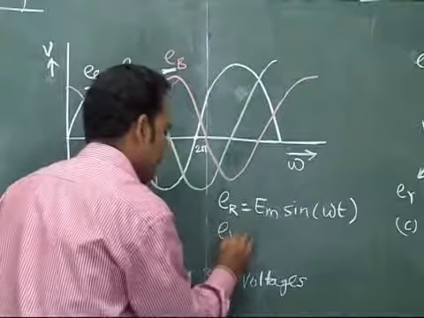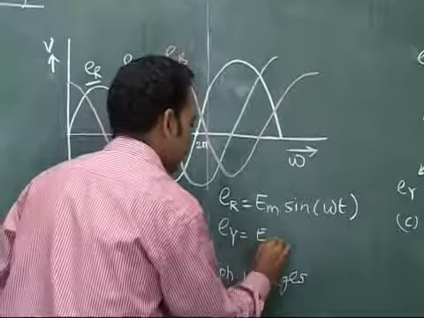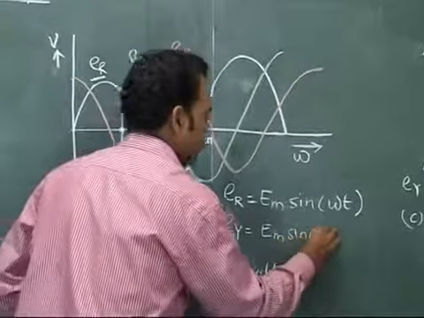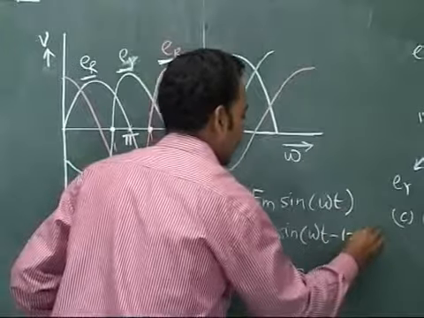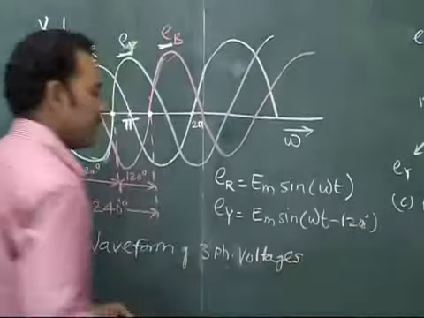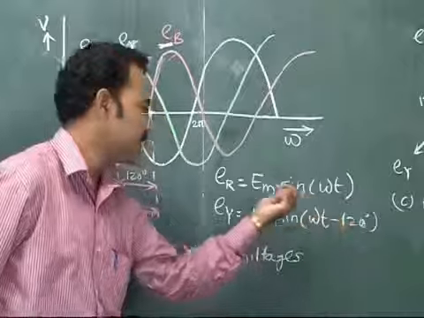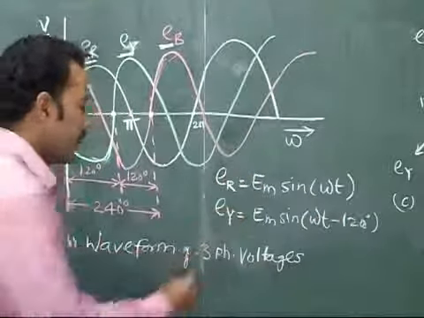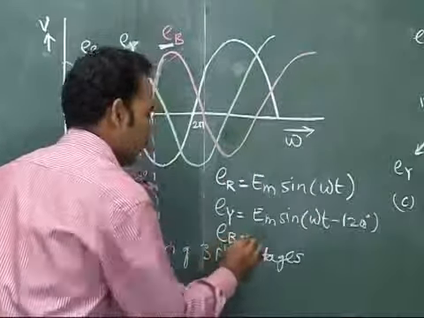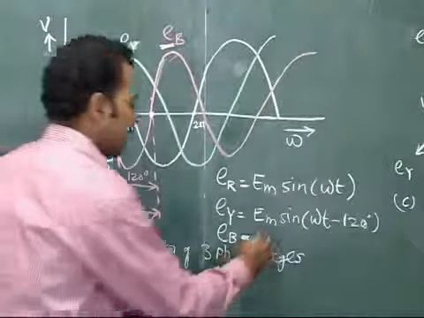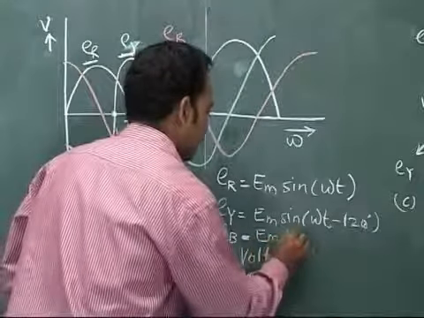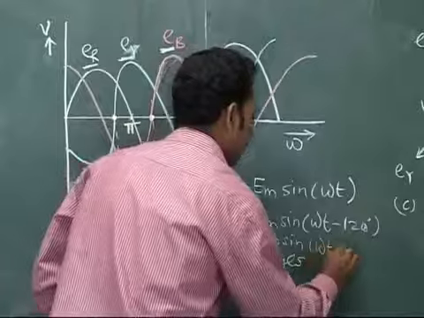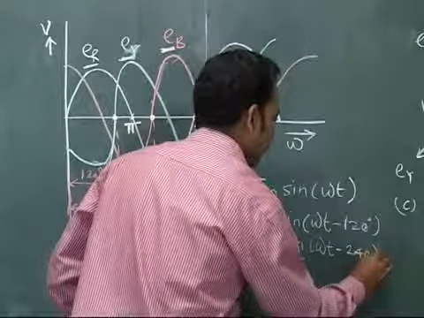Similarly, the voltage in the coil Y is given by E max sine of omega t minus 120 degree. And this 120 degree is nothing but the phase shift between the voltages R and Y. Similarly, the voltage in the coil B is given by E max sine of omega t minus 240 degree.